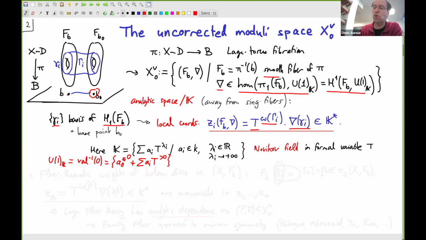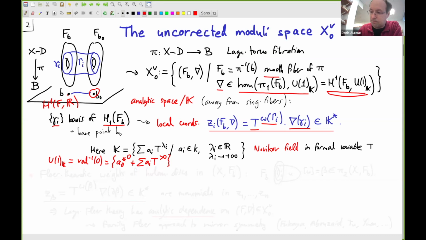Okay, and so these will be local coordinates. Another way of saying it, of course, is that the flux from the reference fiber to F_B gives me a class in H^1 of the fiber with real coefficients. And I have here something which is in H^1 with unitary coefficients, and I combine them into H^1 with coefficients in the Novikov field.